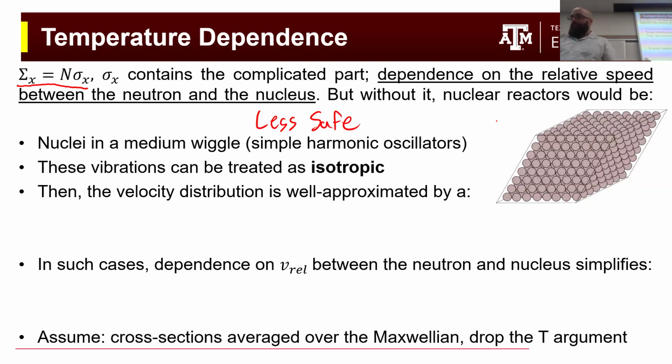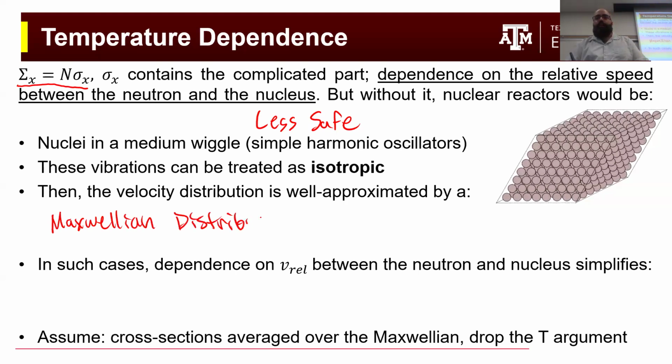And in that case, if we think about these nuclei as vibrating isotropically, that means that we can characterize the velocity distribution of the nuclei in our material as following a Maxwellian distribution. So it's well characterized by a Maxwellian distribution.